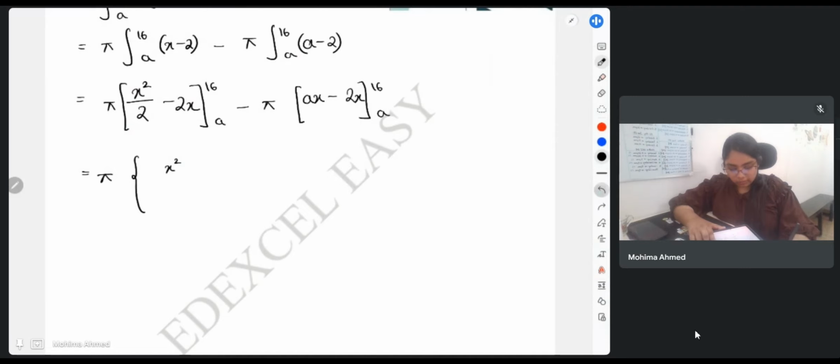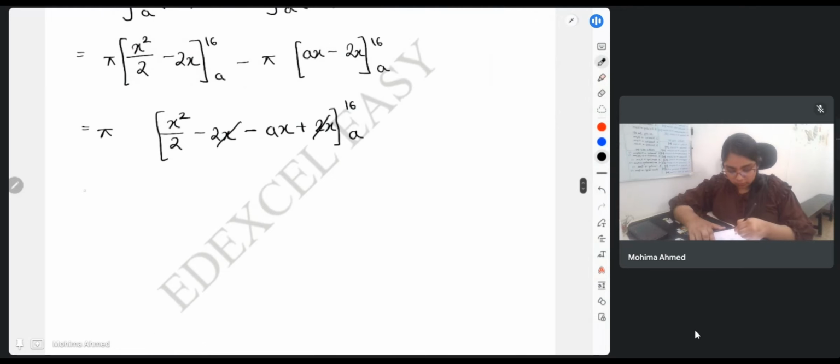I'll just take everything inside one bracket because they all have the same boundaries. So it's just x square divided by 2 minus 2x and then minus ax. On this minus minus, you have plus 2x with the boundary of 16 and a. So from this part, we can clearly understand 2x gets cancelled out. Now you're left with pi, x square by 2 minus ax, with 16 and a. Now it's just easier to work with.